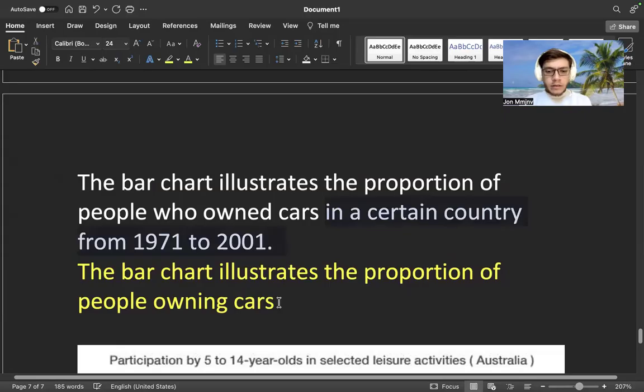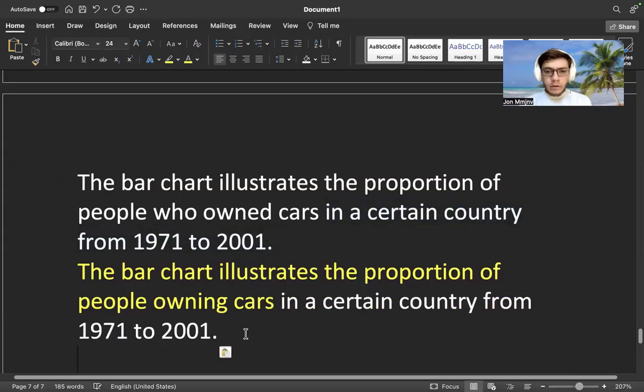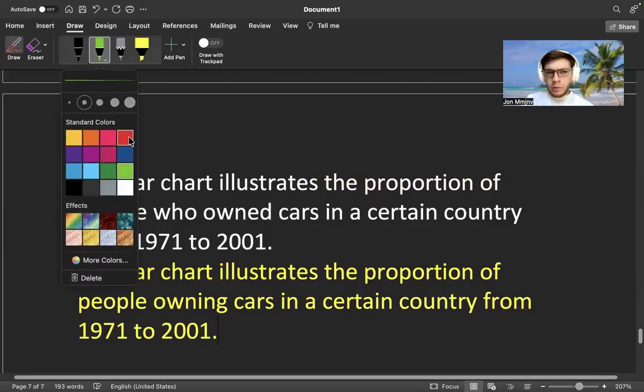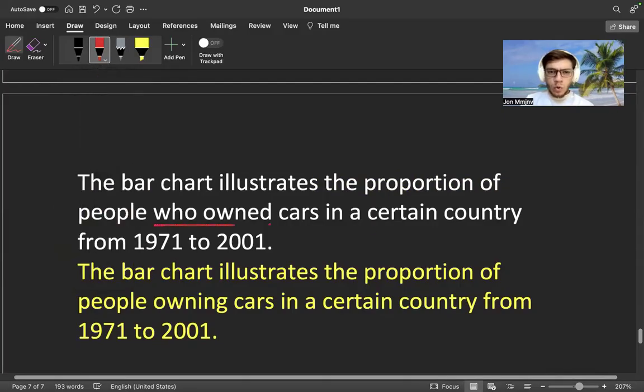And then the rest is the same. In a certain country, from to. Now, this grammar is actually better. I don't say better, it's just one way of paraphrasing, okay? So you can use who owned cars or owning cars. Both are the same.